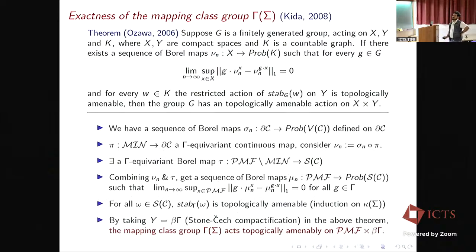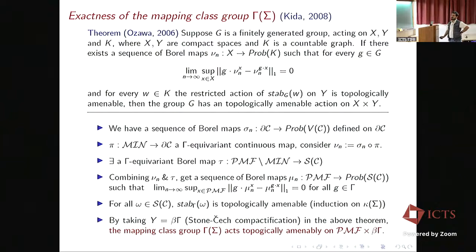Anyway, so here is a brief outline of the proof of topological amenability. We had a sequence of Borel maps on delta of the curve complex, the boundary of the curve complex. Now we also have seen that there is a quotient map from min to the topological minimal foliations. And this is an equivariant continuous map. So what we do is we compose them. Now, we had a map from delta C to prob of the vertex set of the curve complex.